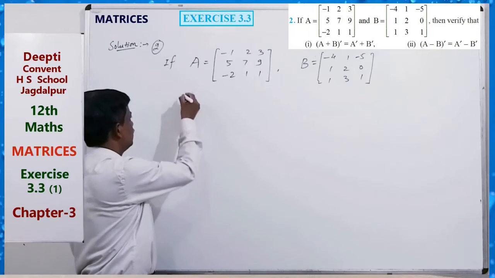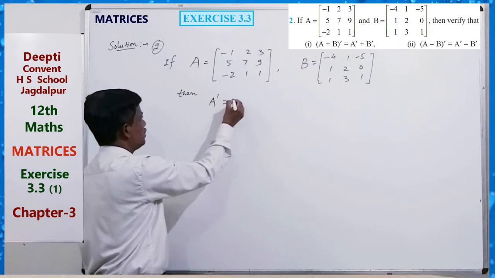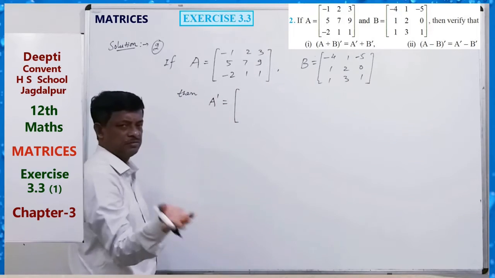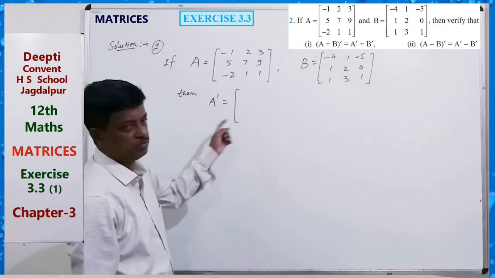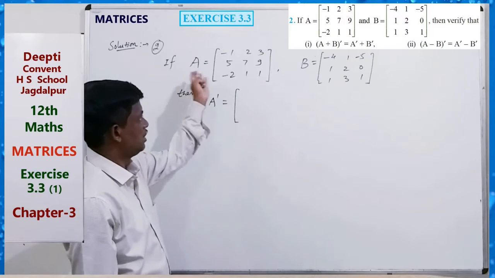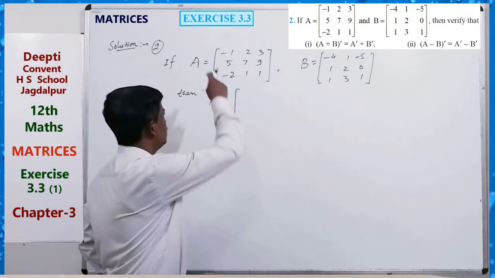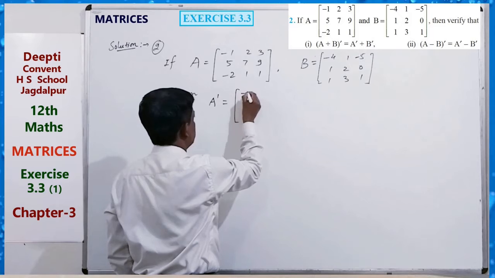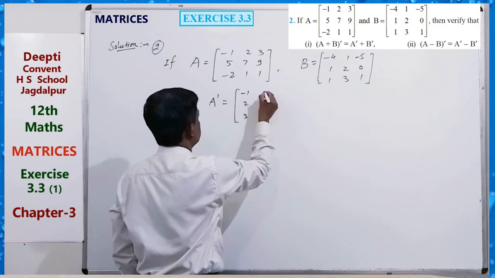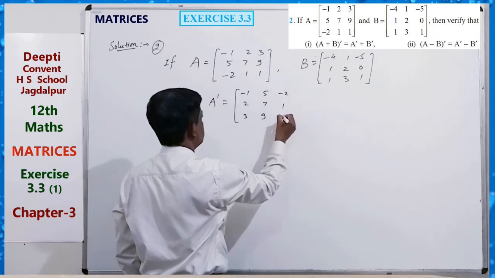Then A dash equals to what? First find it, we have to verify the relation. Then what will be A dash, B dash? Just write row to column. A dash: minus 1, 2, 3, 5, 7, 9, minus 2, 1, 1.